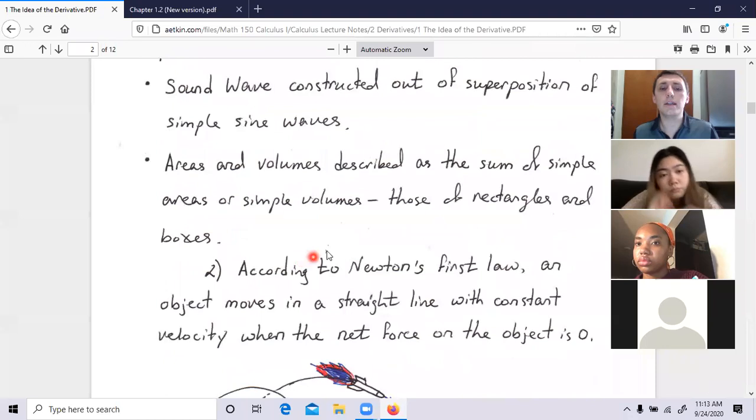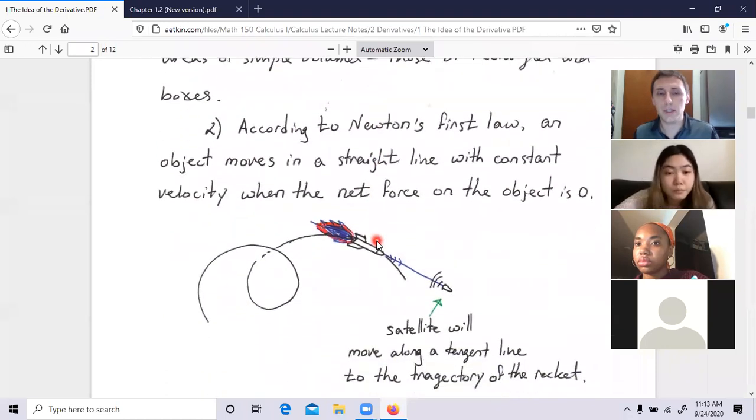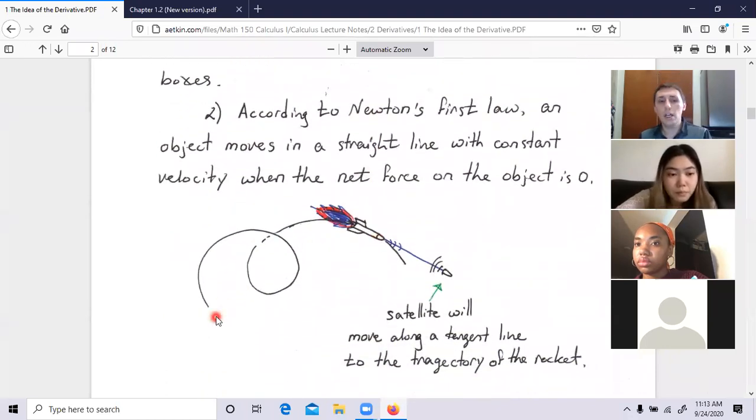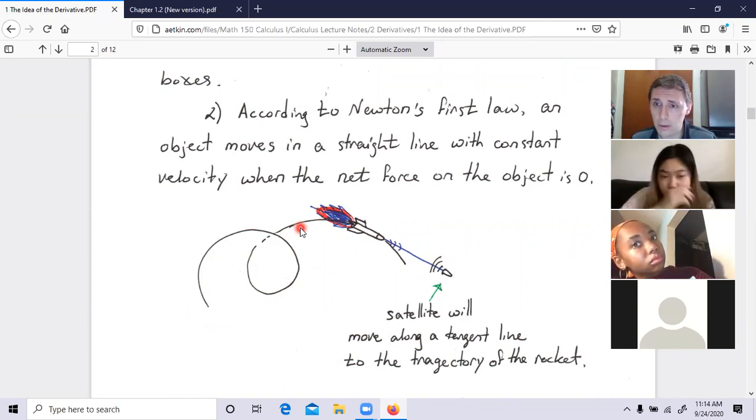So then the second question is this. Okay, so why tangent line? If you look at Newton's law, imagine that we have a spacecraft and it's traveling along some loop, some pathway. Now if it does not travel in a straight line, that means that there is a net force acting on it that's not zero. So the object, according to Newton's law, will travel at a constant speed in a straight line if no net force, no positive or negative net force, is acting on it.